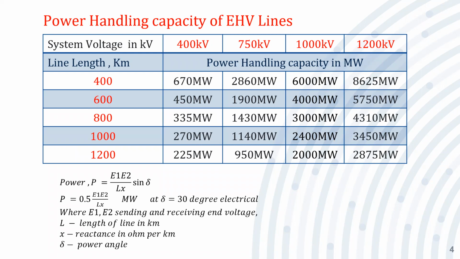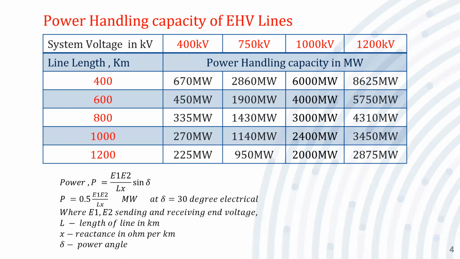For delta equal to 30 degrees, we found that a 400 kV transmission line of 400 kilometers can transmit 670 megawatts. But for 600 and 800 kilometers, the power handling capacity decreases, because it is restricted by the reactance of the transmission line.